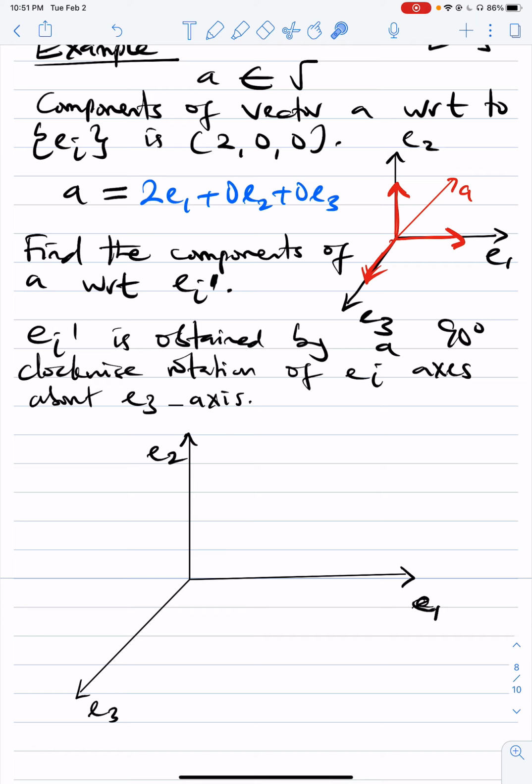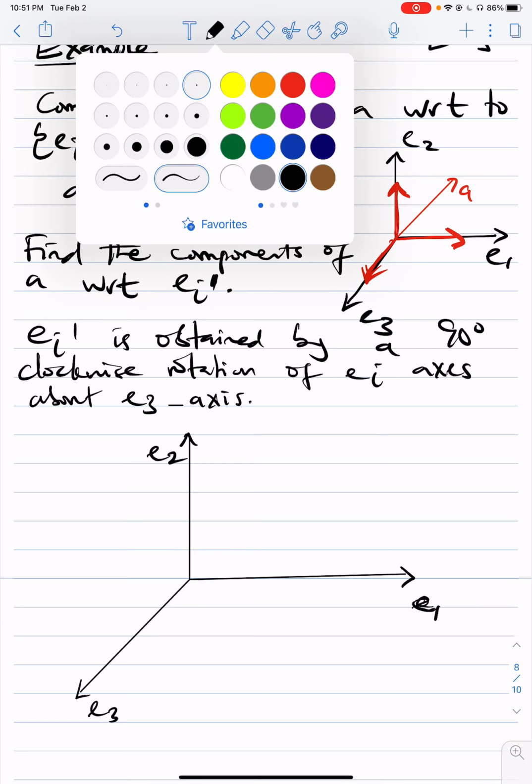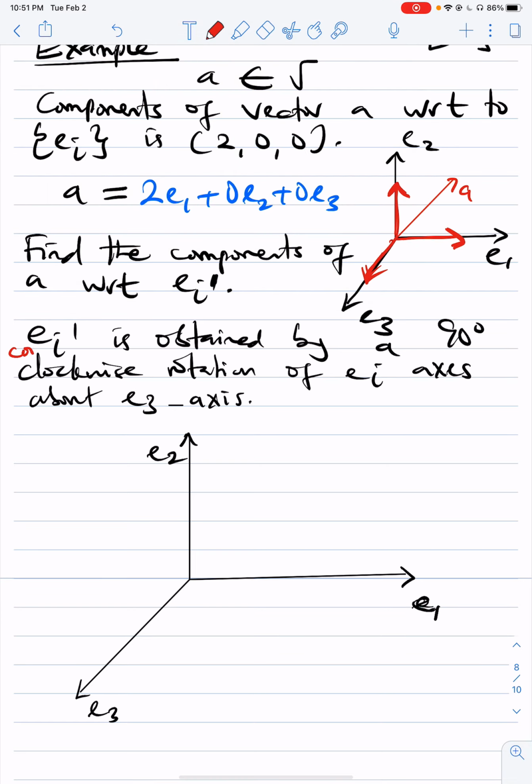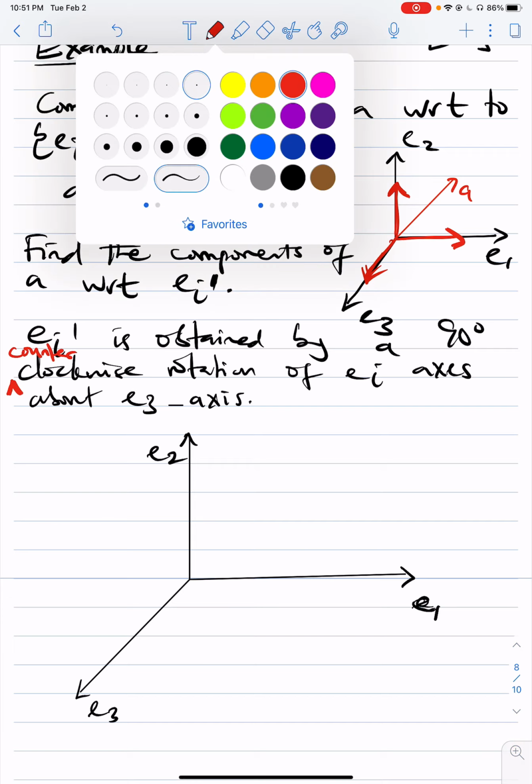But now they're saying we should find the components of A, this time with a rotated coordinate system, no longer this one. And they said this rotation is obtained by a 90 degrees rotation of E_i. E1 clockwise, we're going this way, sorry, is it clockwise? Counterclockwise, I think, is what I should write. I'm sorry about this, but let me write in a different color so you get to know. Counterclockwise.